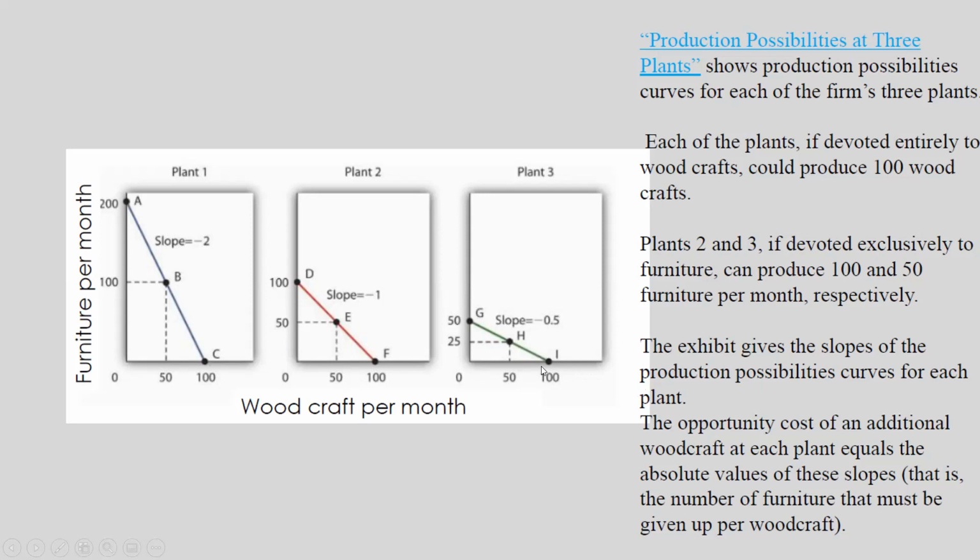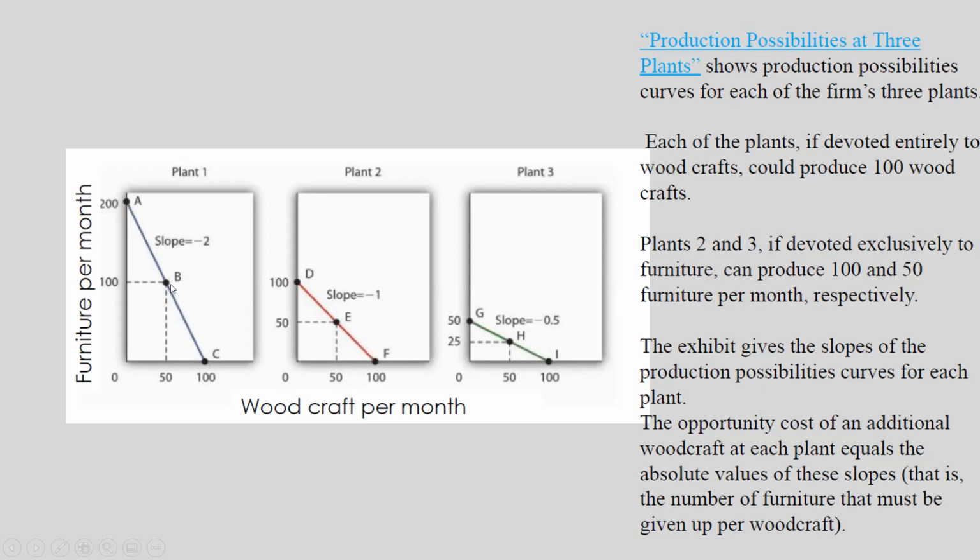So the maximum wood crafts that can be produced if it is only utilized for woodcraft production is 100. But if it is only utilized for furniture production, it can only produce 50 furniture per month. So that is the main idea behind these production possibility curves.